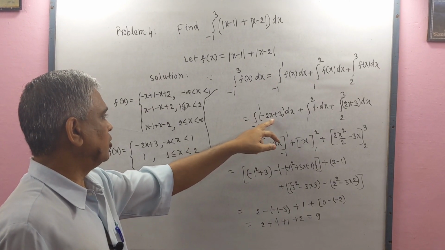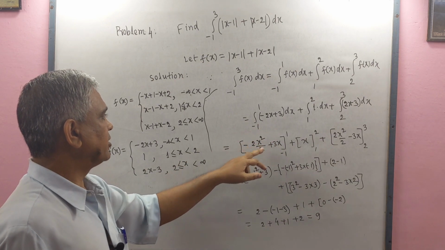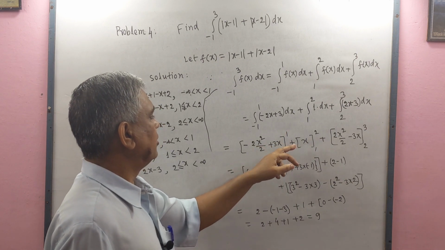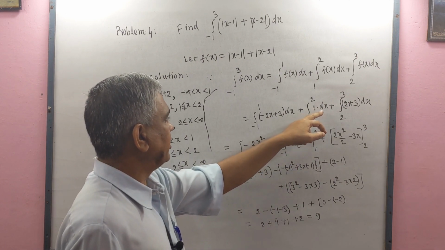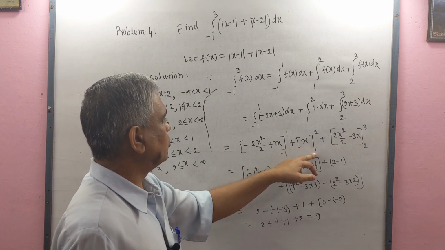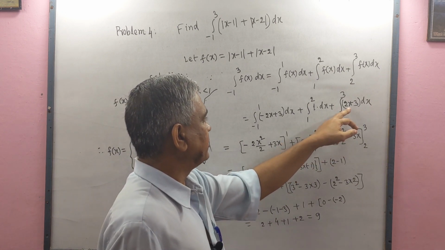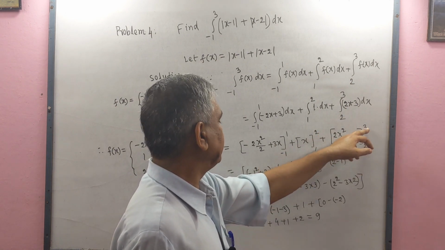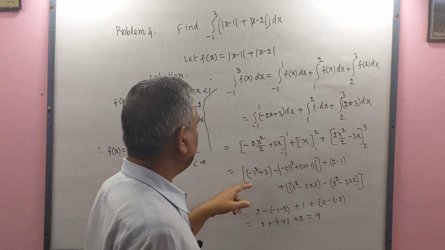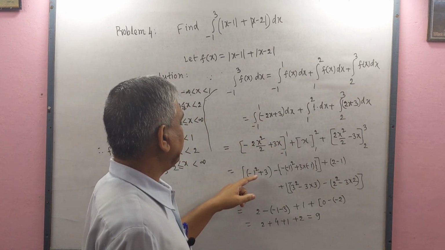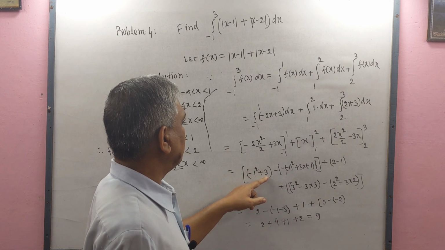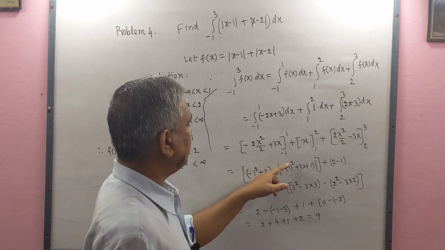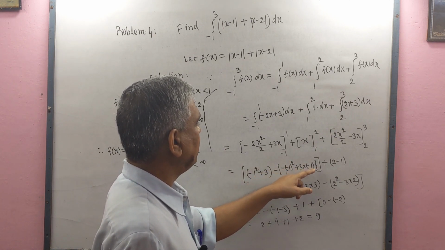Now integration of this is minus 2x square by 2 plus 3x, limit minus 1 to 1, plus integration of dx is x, limit 1 to 2, plus integration of 2x minus 3 is 2x square by 2 minus 3x, limit 2 to 3. Putting higher limit 1 we get minus 1 square plus 3, minus putting lower limit minus 1, minus 1 square plus 3 into minus 1.